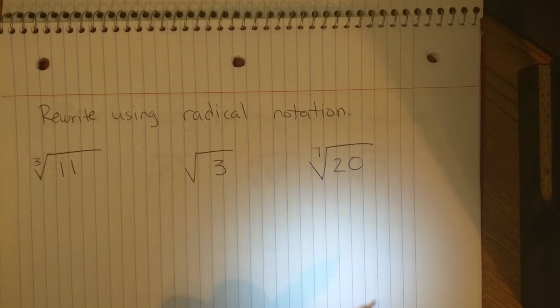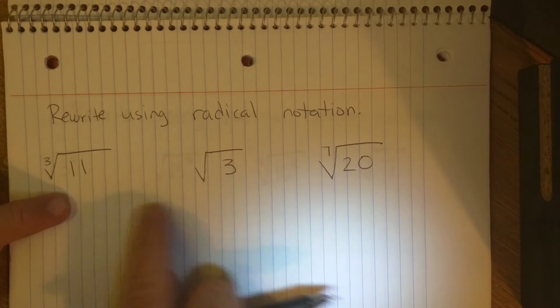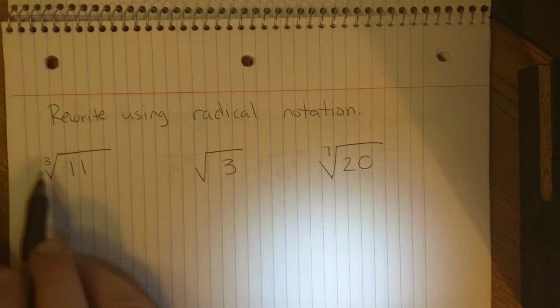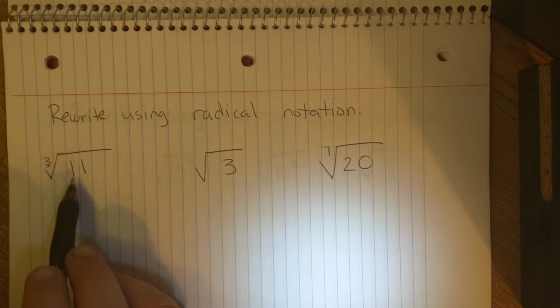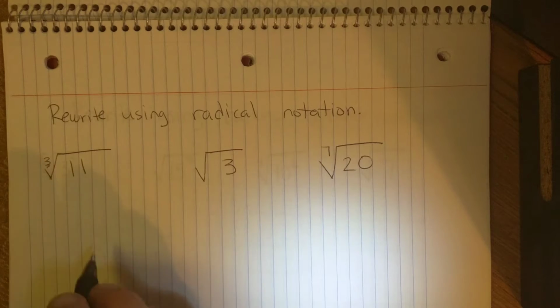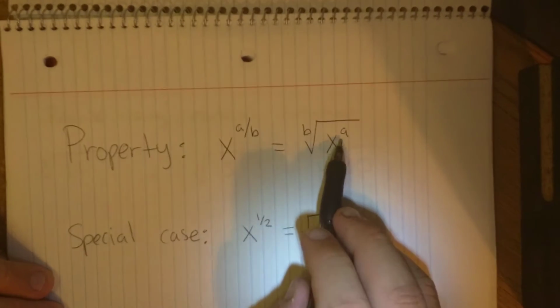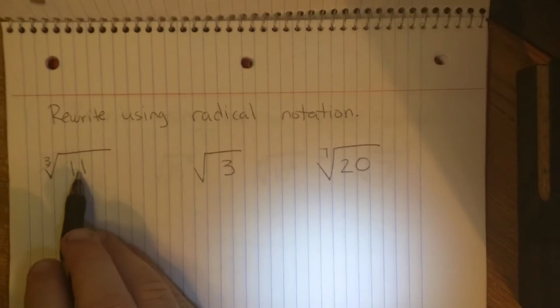So let's go ahead and use that property that we just saw, and rewrite these problems using radical notation. Because I have a 3 right here, this is called our index. We call this the cube root of 11. Now, if I go by the property, I also need a power. I have my variable raised to a power, or my number in this case.